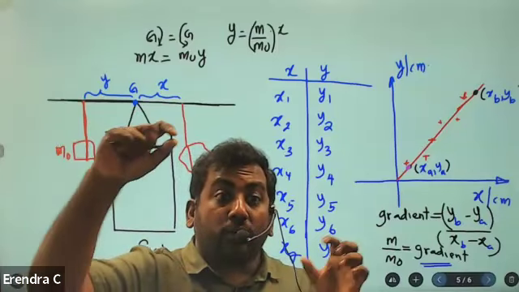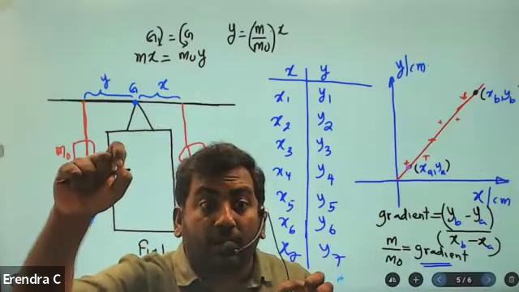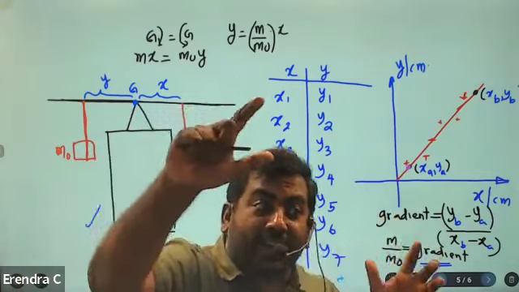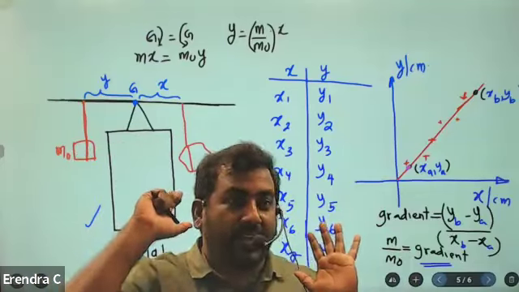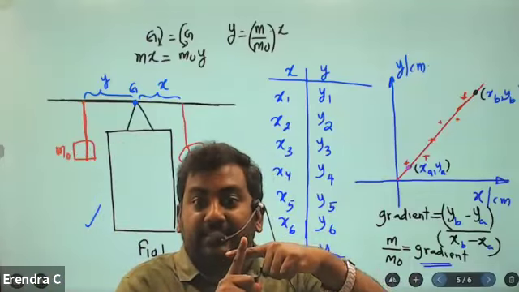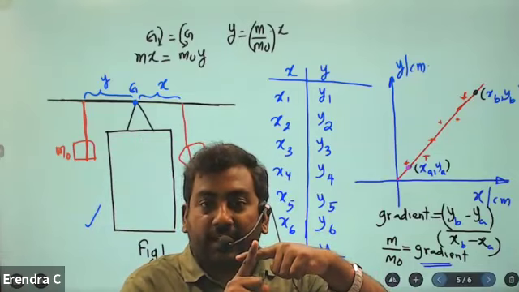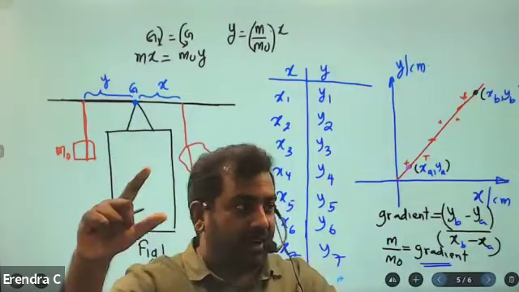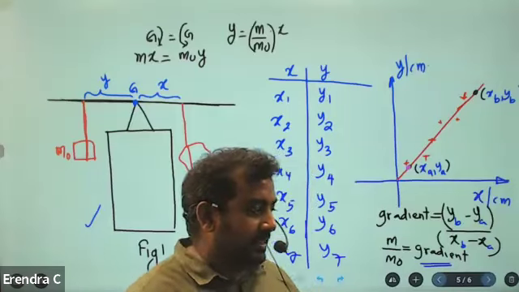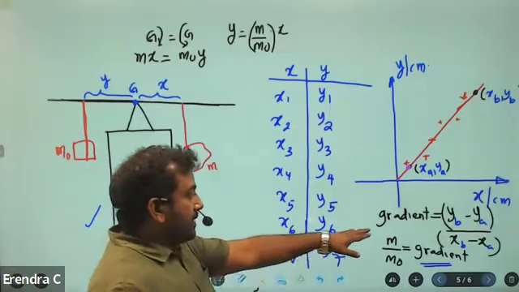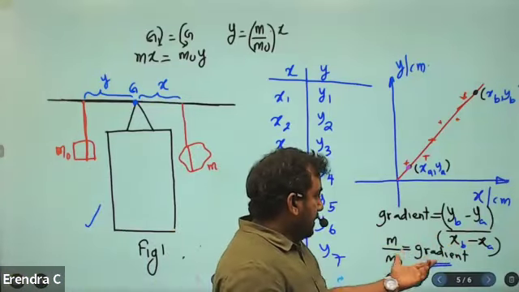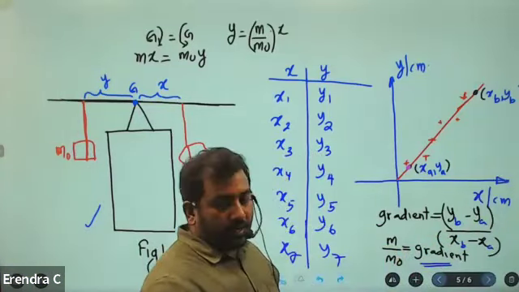Where? Outside the graph or on the graph? On the graph, where the grid line meets. Then y2 minus y1 divided by x2 minus x1. Okay, no? So right, you can write and finish here. From the gradient, you can find the unknown mass.